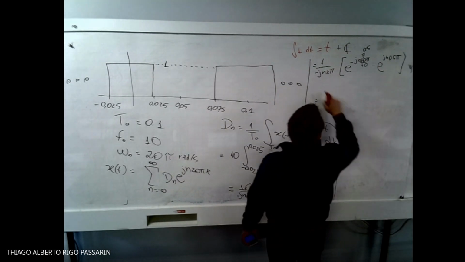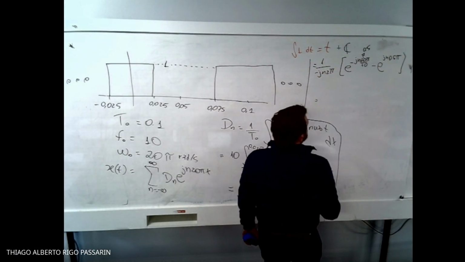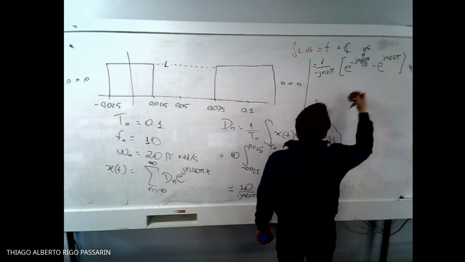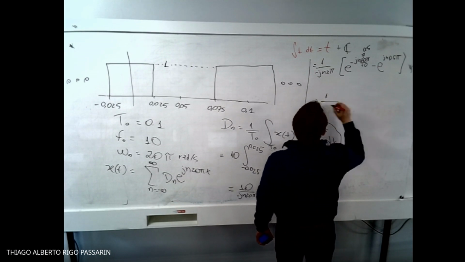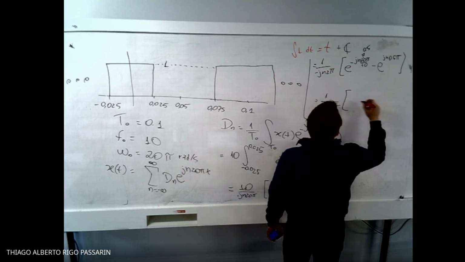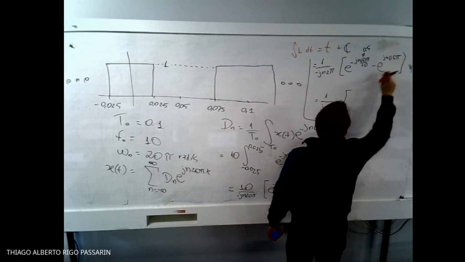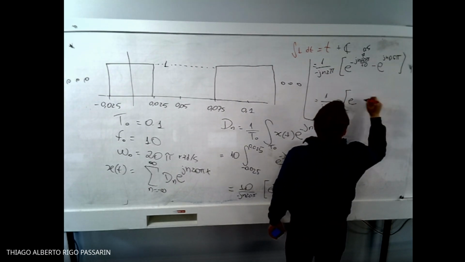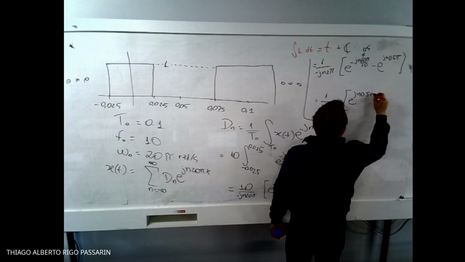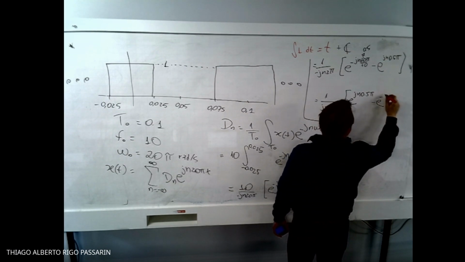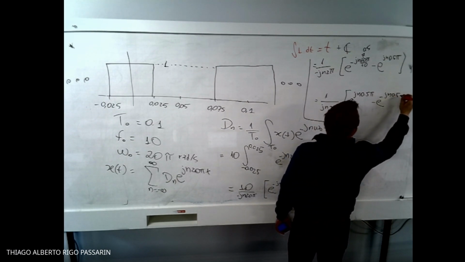Then we have this minus sign here, so we can swap the signs. So 1 over j and 2 pi, we put this before: e to the jn 0.5 pi minus e to the minus jn 0.5 pi.